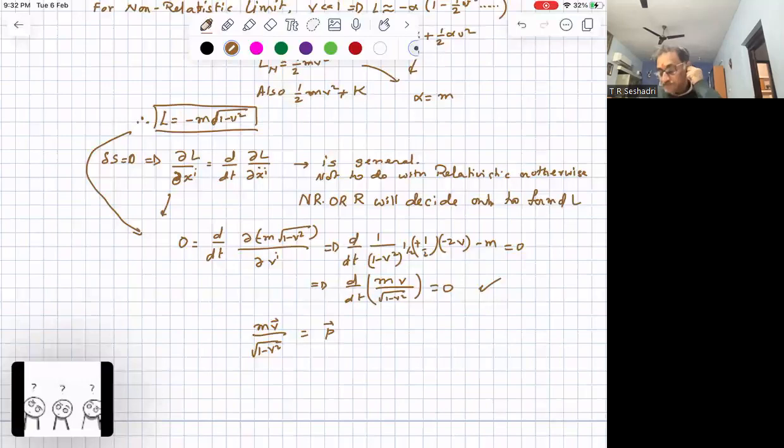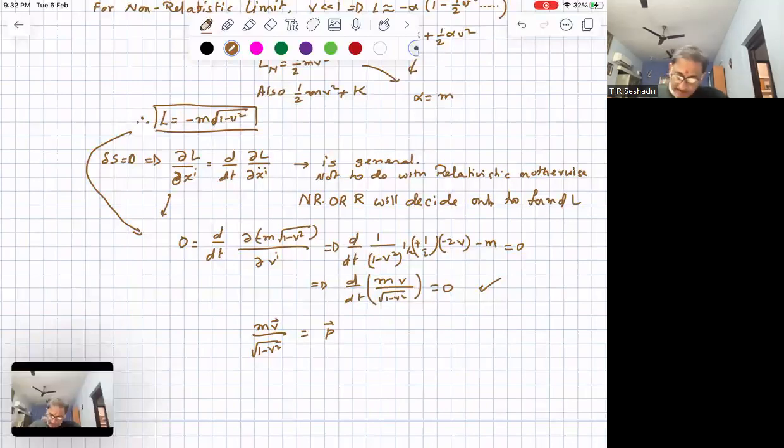Okay. And now you can actually see another thing here. This is equal to what? This is equal to p is equal to m gamma v. And we already saw that m gamma v is basically the four velocity, this m into the four velocity's spatial component.